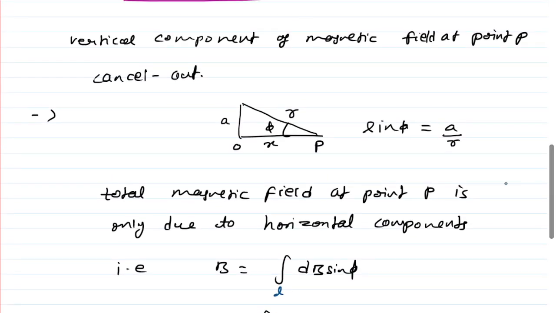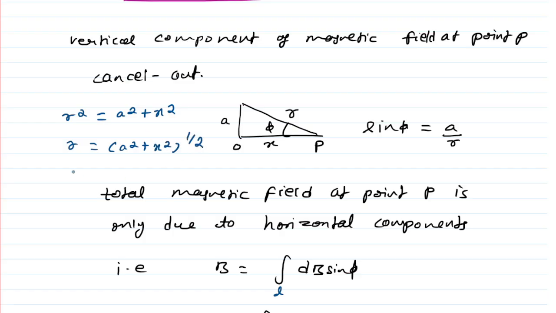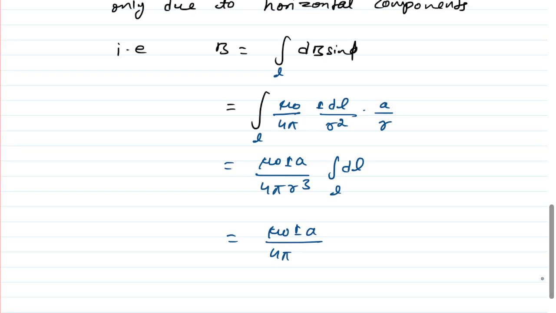If we apply Pythagoras in this right angle triangle, r square will be equal to hypotenuse square equal to base square plus perpendicular square. If you remove the square from this side, it will become a square plus x square power 1 by 2.